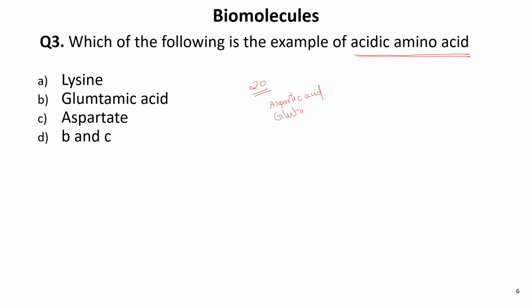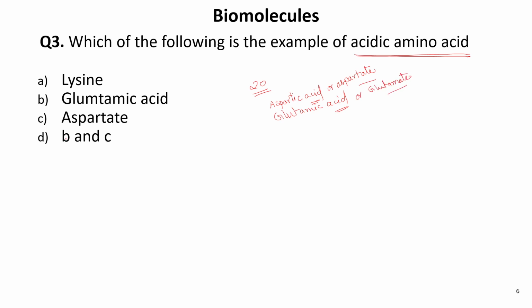If you remember, glutamic acid, the name in itself shows that this is an acid. Aspartic acid is also called aspartate. And glutamic acid is also called glutamate.